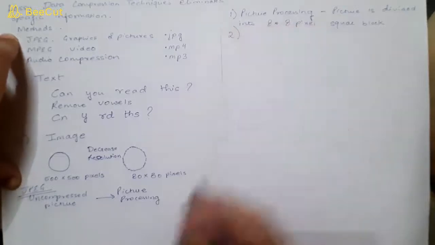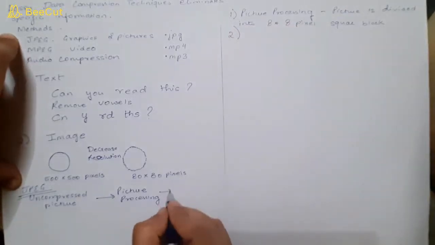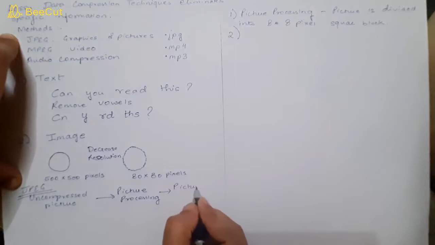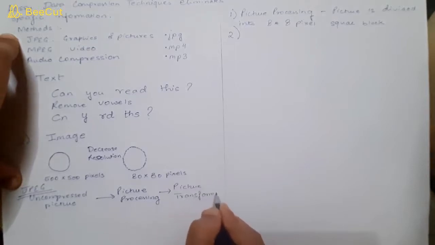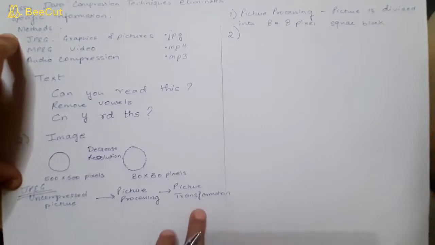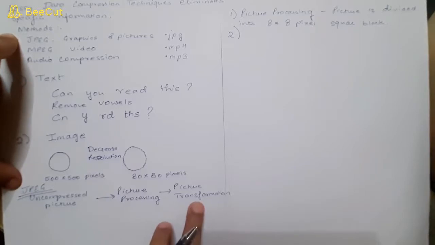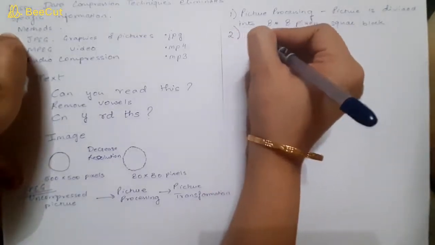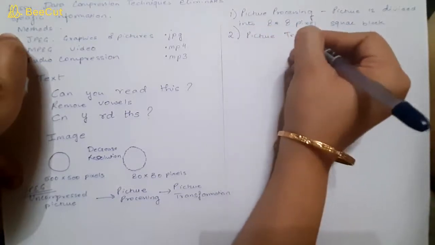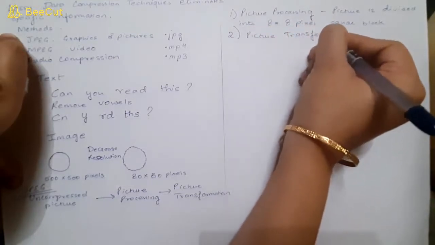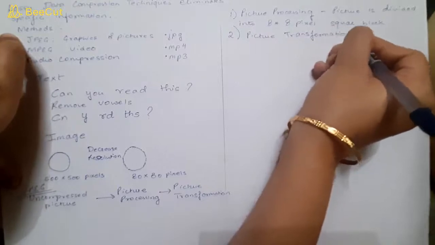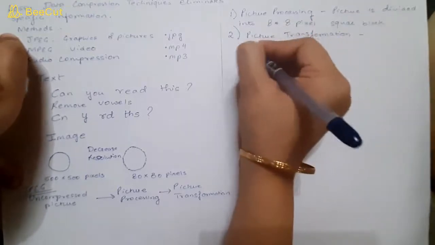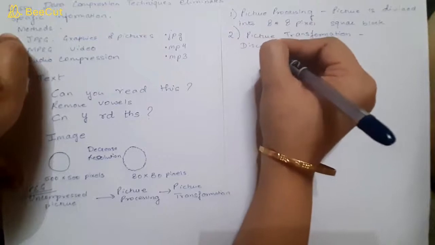The second step is that we need to transform it. In picture transformation, compression basically occurs. Here you need to use a compression algorithm to reduce the picture. For compressing any image, we use the discrete cosine transformation.